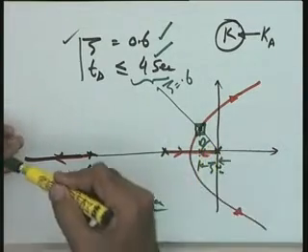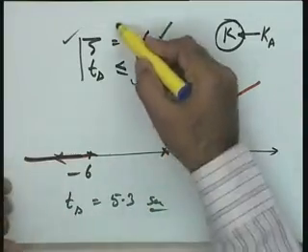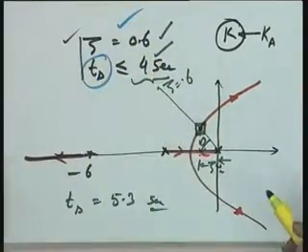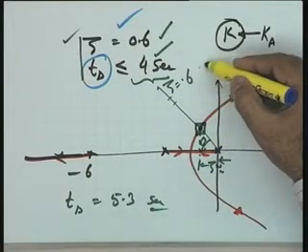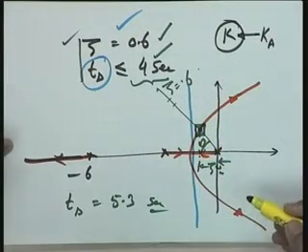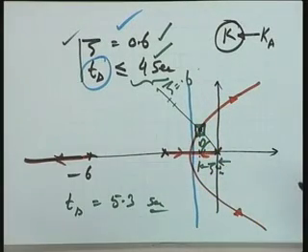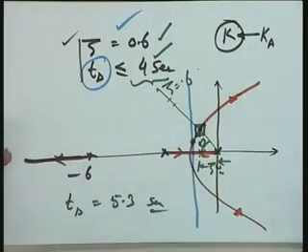Now before I go to the steady state requirement, let me give you one more thing. Suppose instead of going for zeta, I take the Ts requirement first. In that case, you just draw a vertical line which meets the requirements on Ts. If I give you Ts, you know zeta omega n, draw a vertical line, and this gives you a point of intersection.